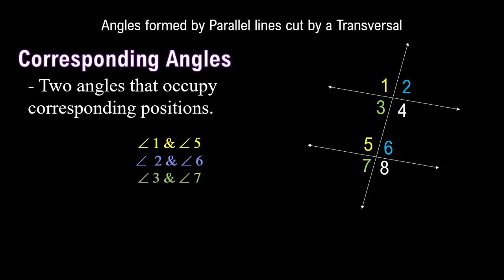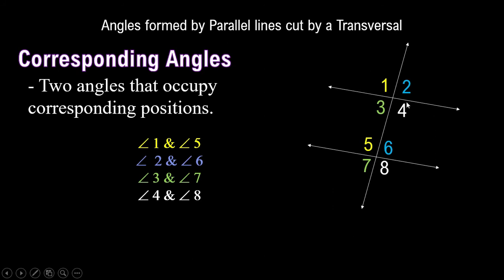And the third one is angle 3 and angle 7. If angle 3 is below the first line, the same angle with that is angle 7, which is also below the second line. Next is angle 4 and angle 8, which is the last example.